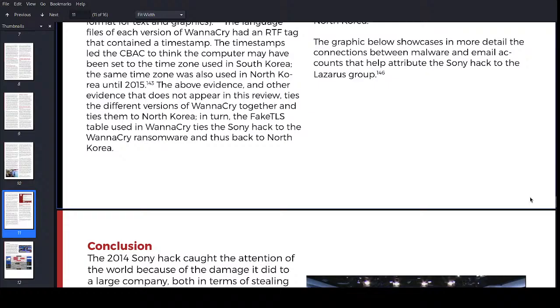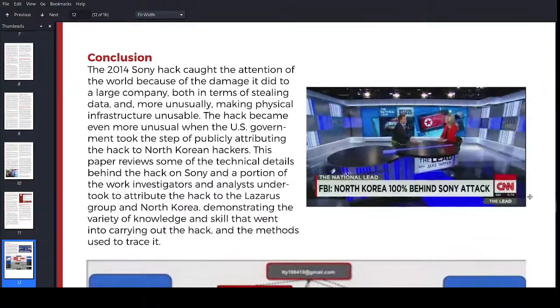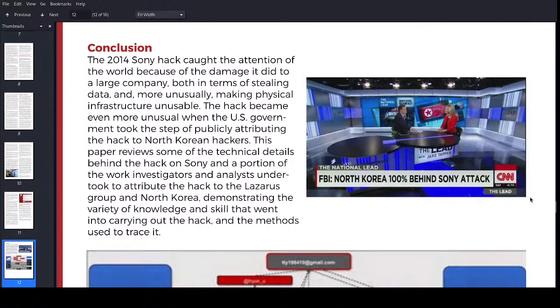The graphic below showcases in more detail the connection between malware and email accounts to help attribute the Sony hack to the Lazarus Group. Conclusion.